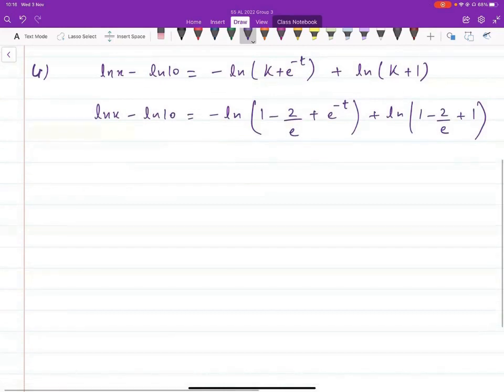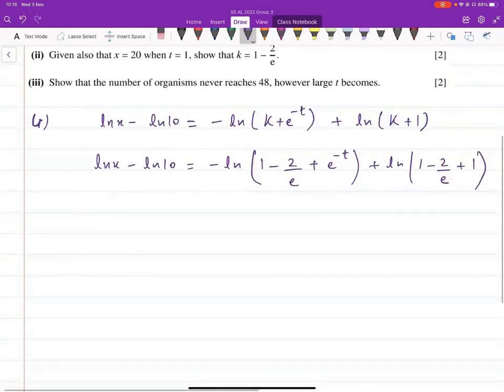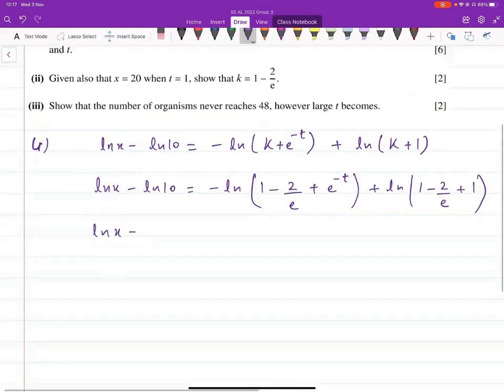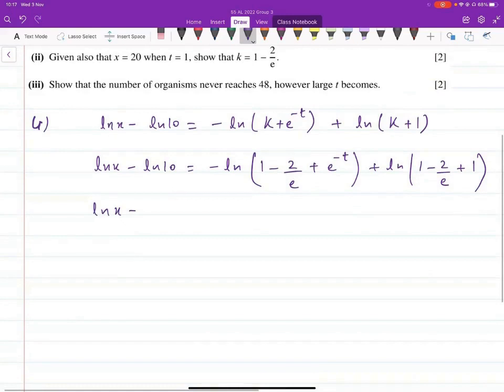Okay, so what do we do now? We can simplify this a bit. Here we have 1 and 1, that's 1 plus 1, right? That's going to become 2. We have ln of... sorry? The x equals 0 was for the first part, just to find the value of k. X is a variable, that will remain x.